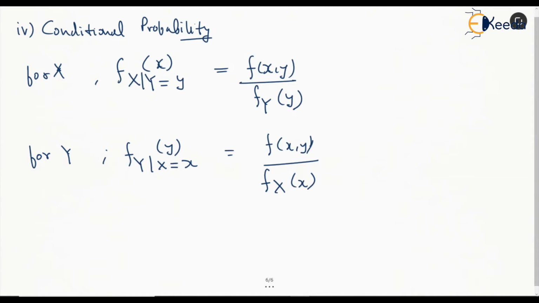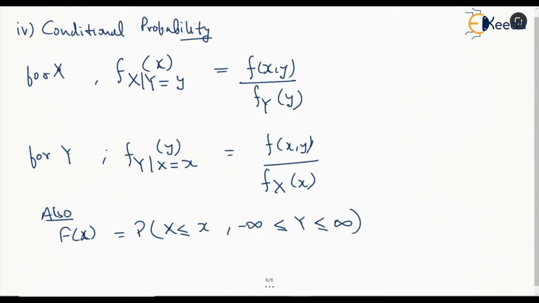Apart from this, there are a few more expressions we'll see. I'll write it here only. Also, F of x is the probability, that is the distribution function, x less than or equal to small x and y being integrated over the entire interval, right?